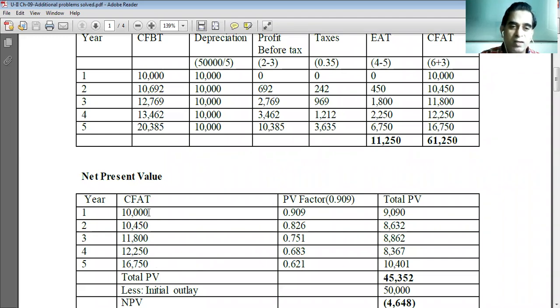Then we need to convert. These are a future stream of cash inflows, so we need to find their present value. Since each amount is different, are we going to consider this a case of single cash flow or annuity? Single cash flow.